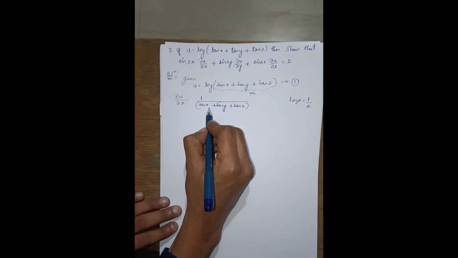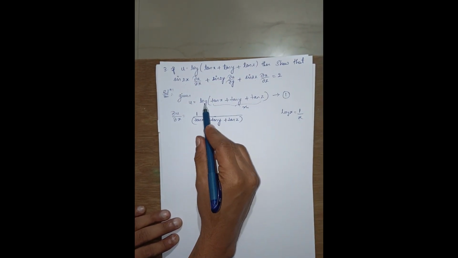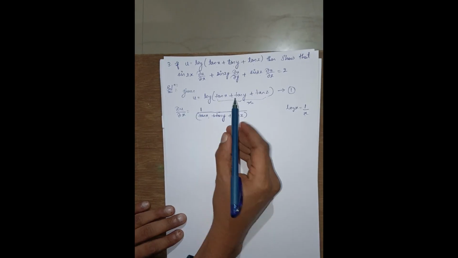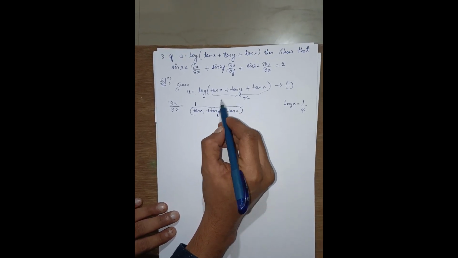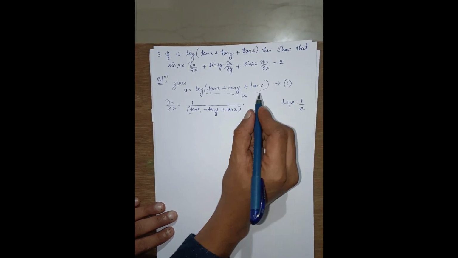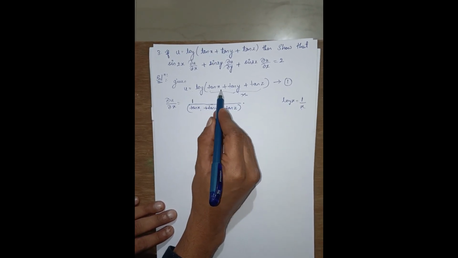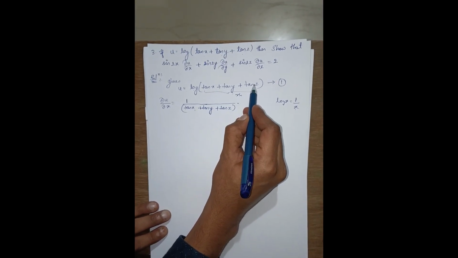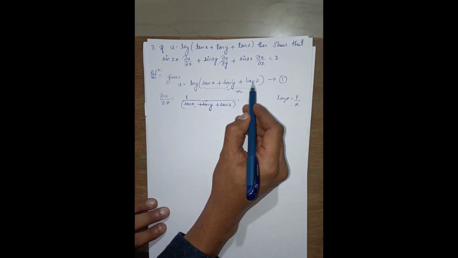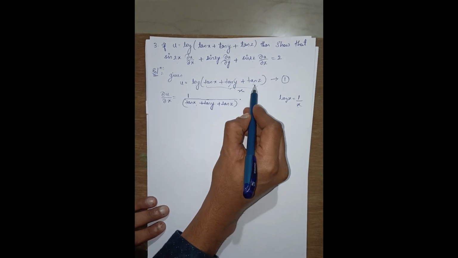This is 1 by x for log x. We have differentiated only this log x, but the internal differentiation we have not done. Now we should do that, into, we have to differentiate only with respect to x. y and z are constant, so those terms tend to 0. No need to bother about this too.